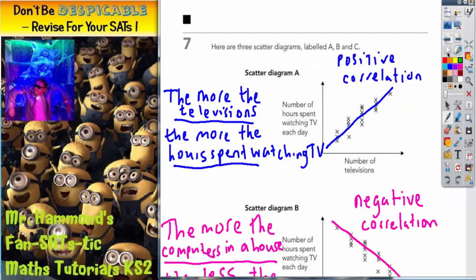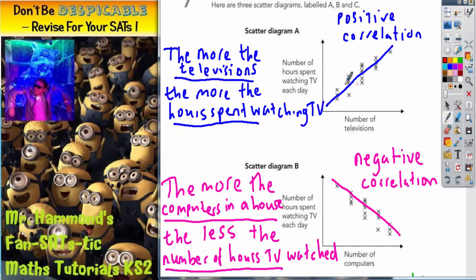Just to recap, it is worth saying it one more time, that if the crosses go up, this is positive correlation, and that means both of the things go up. In other words, as the number of TVs go up, the number of hours spent watching TV each day goes up.